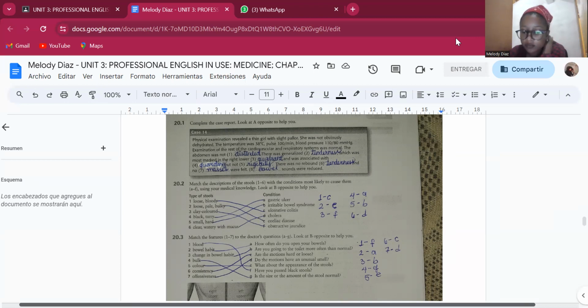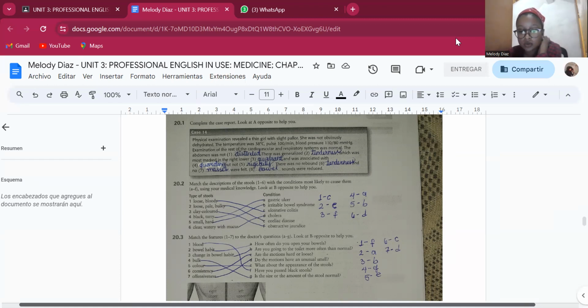Number 6, clear watery with mucus, to letter D, cholera.